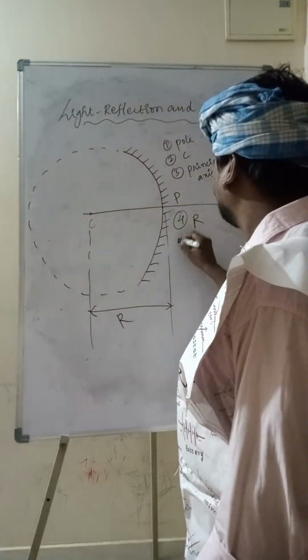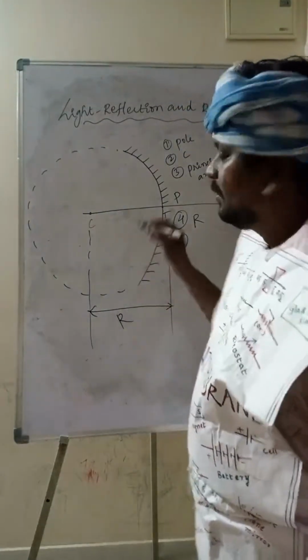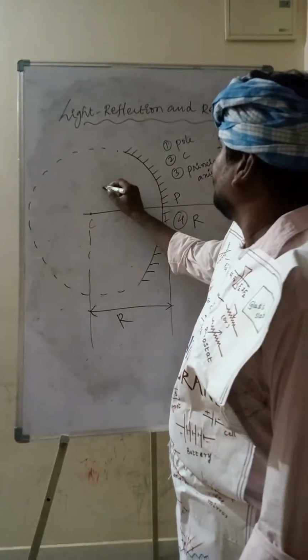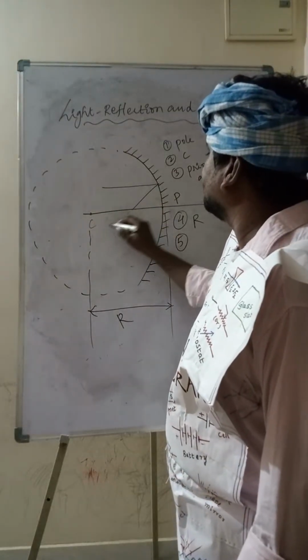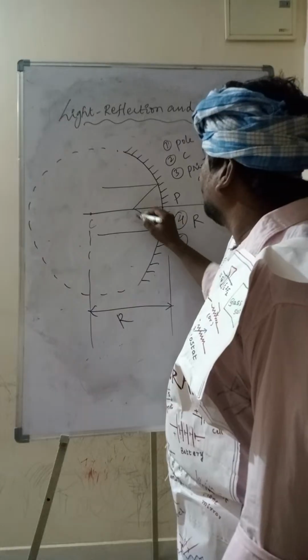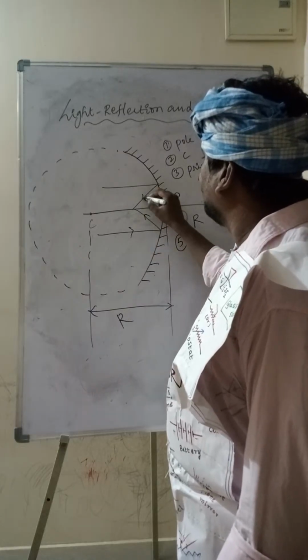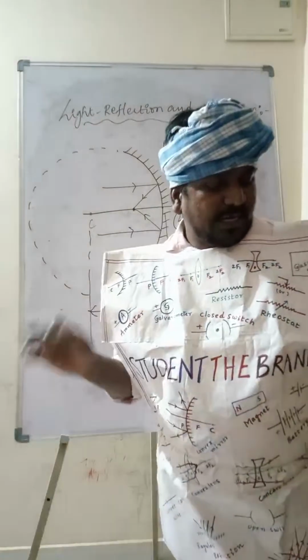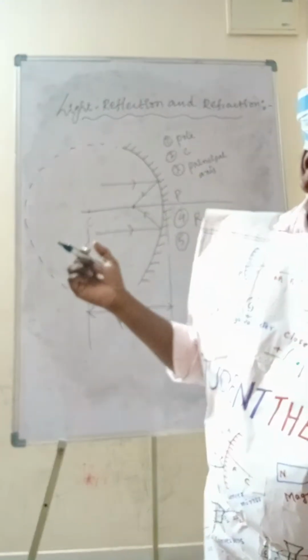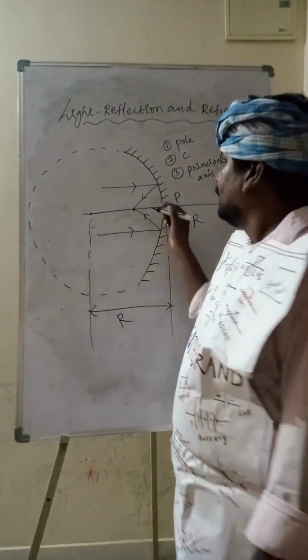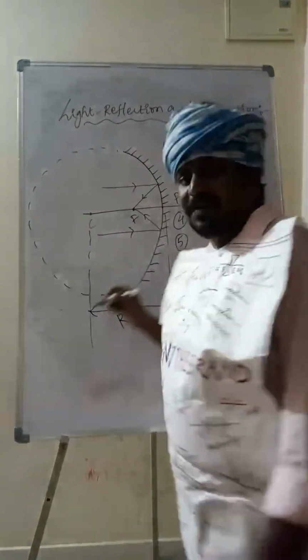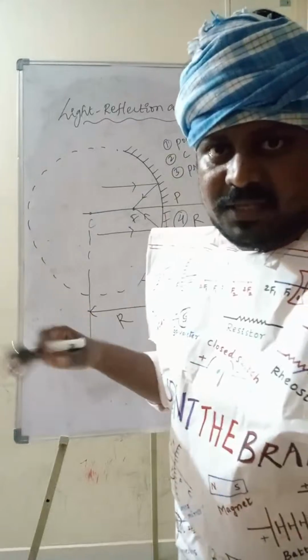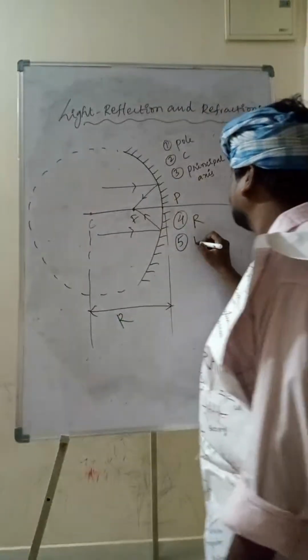The fifth one: after reflection, light rays meet at one point on the principal axis, that is called principal focus, or simply focus.